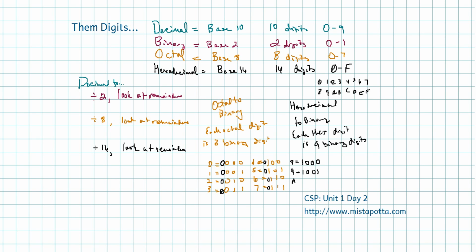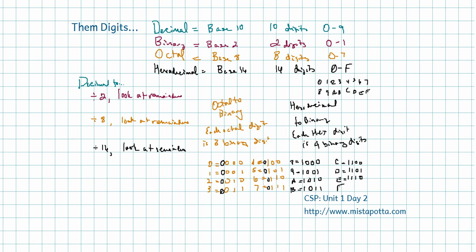An A, remember that's really 10, so that's an 8, no 4s, a 2, no 1s. A B, that's really 11. That means I have an 8, no 4s, a 2, and a 1. C comes out to be 1, 1, 0, 0. D is going to be 1, 1, 0, 1. E is going to be 1, 1, 1, 0.